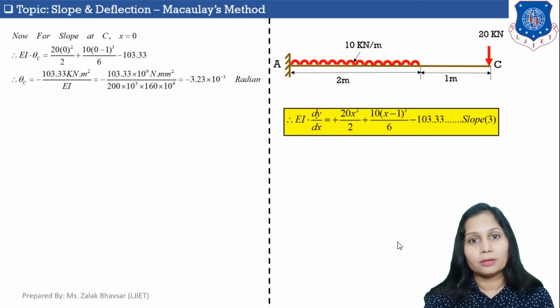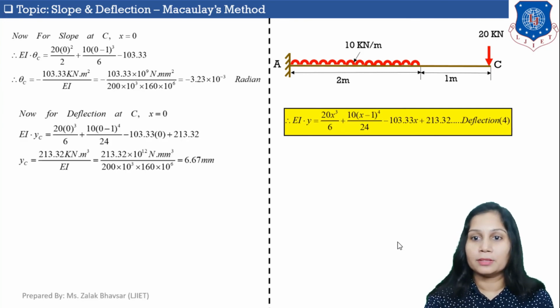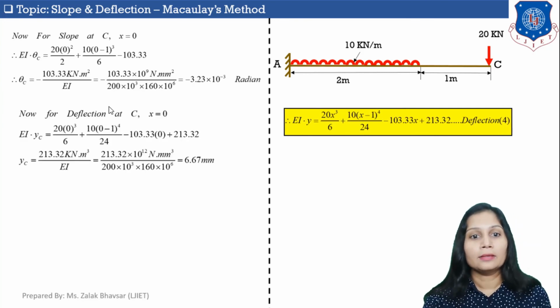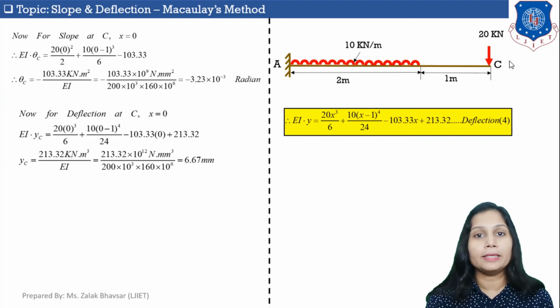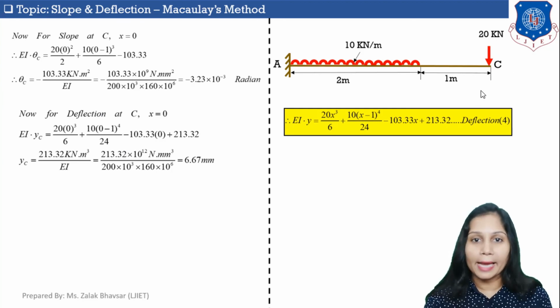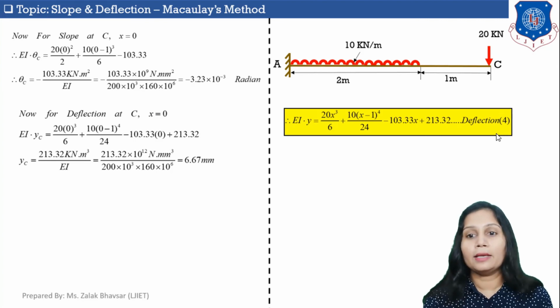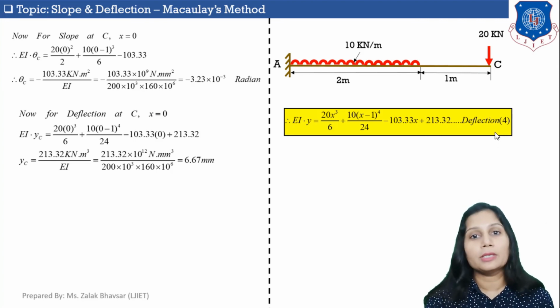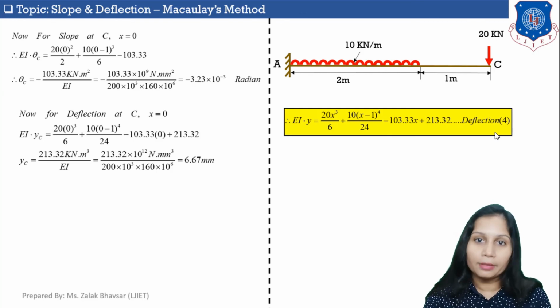Now let's calculate deflection at point C. Again, for calculating deflection at point C, we need to put x is equal to 0 in equation number 4, which is the equation for calculating deflection.